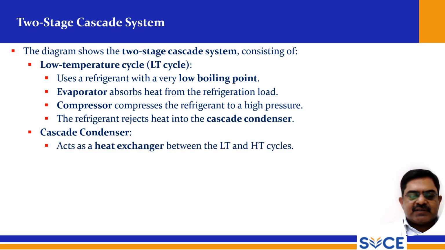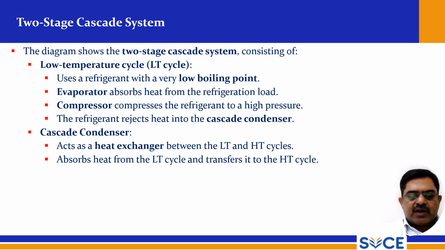The cascade condenser acts as a heat exchanger between the LT and HT cycles: it absorbs heat from the LT cycle, the low temperature stage, and transfers it to the HT cycle.